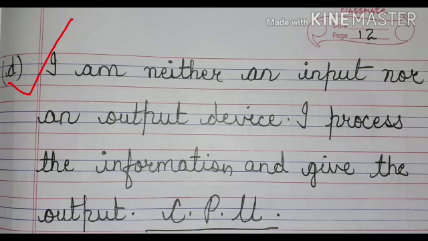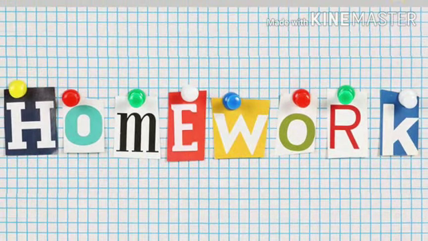It is called a processing device. So what will be the answer? The answer is CPU. Yes, you all are right. So you have to write the answer CPU. Yes, very good.